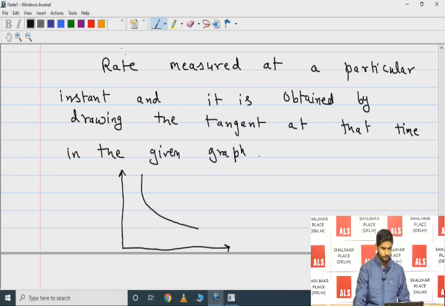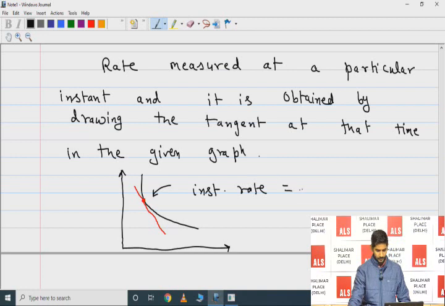And I would like to calculate the rate at this point. So at this point I am calculating the rate. So this one is representing the instantaneous rate. Okay. And this is equal to dc upon dt.